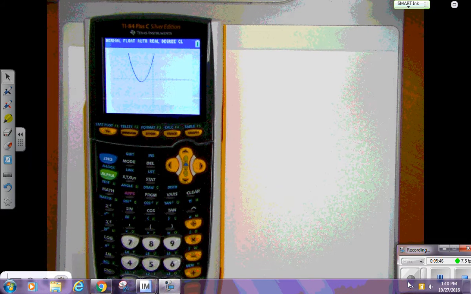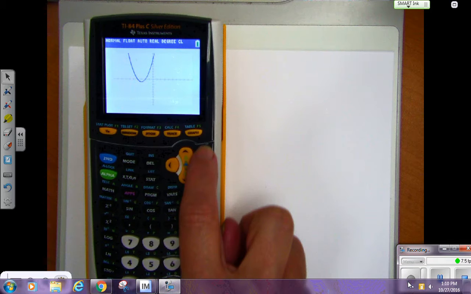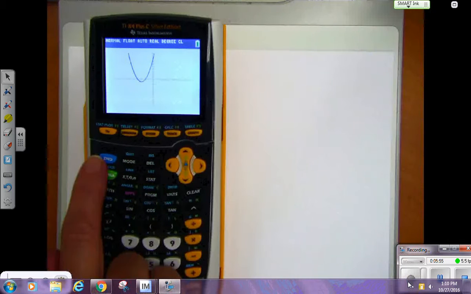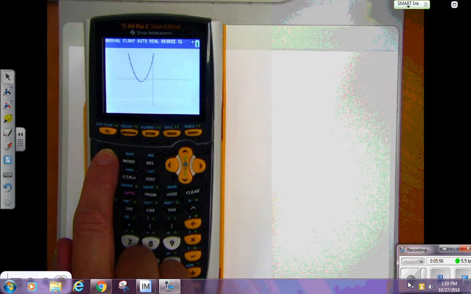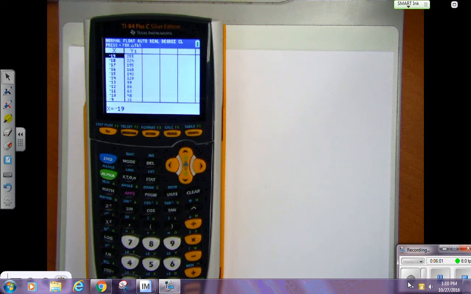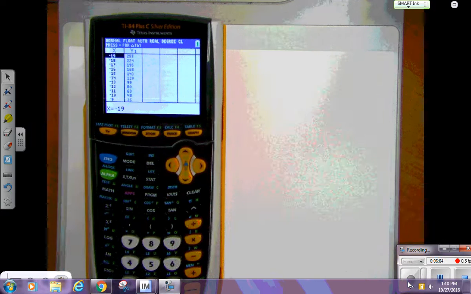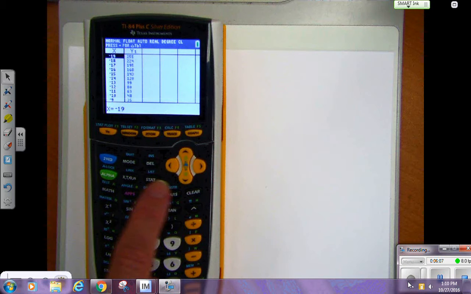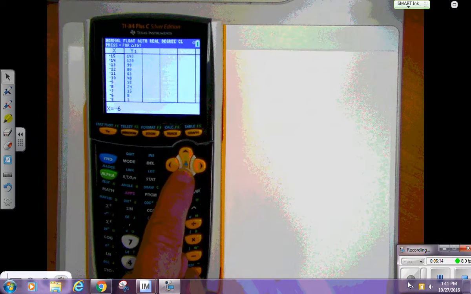So what you want to do is go to the table that is right above the graph key. You've got to hit second function, graph, and it gives you a table of values. The ones I was interested in are -2 and -4, so I'm going to scroll down, use the arrow key, and go down so I can look at the table where x is -2 and -4.